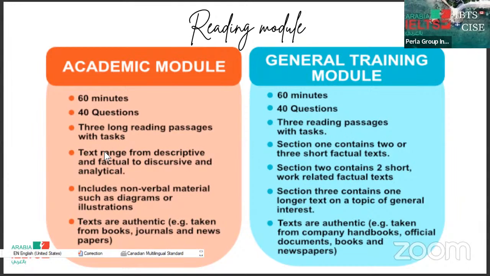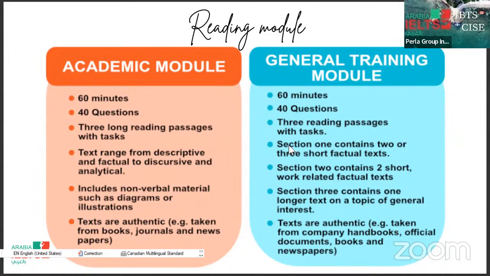So the type of text when it comes to your GT training is, in section 1, it has 2 or 3 short factual texts. In section 2, it will have 2 short work-related factual texts. And then in section 3, okay, it contains 1 longer text on a topic of general interest.